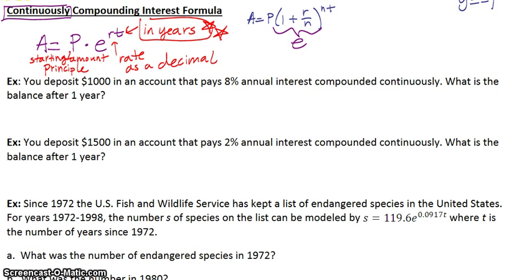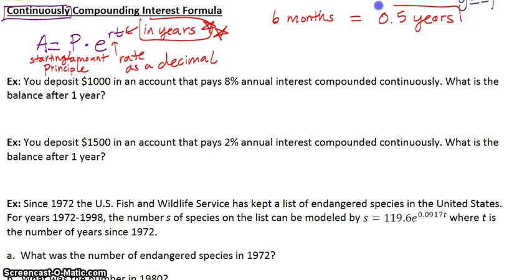You might remember the other day when we had the general formula, I'm forgetting what variable we used, but something like that. Remember I said T doesn't have to be years? For this formula, T does have to be years. So specifically, the formula was created that way. So if you get something like 6 months, use 0.5 in the formula.